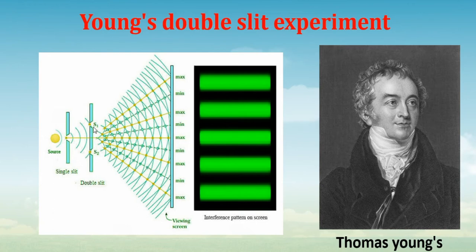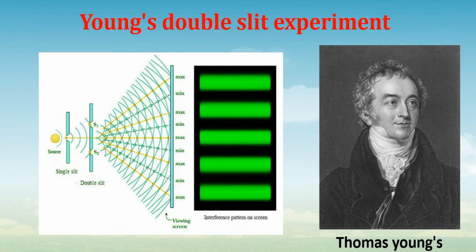That's why they will have a constant path difference. The path difference between these two will not change. The value will be the same.